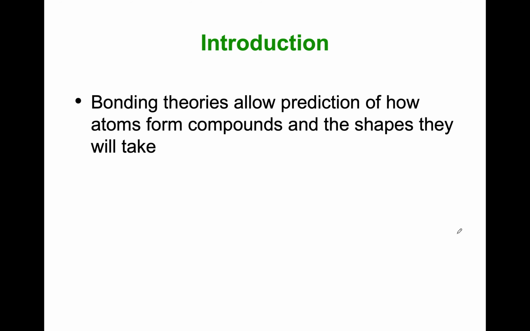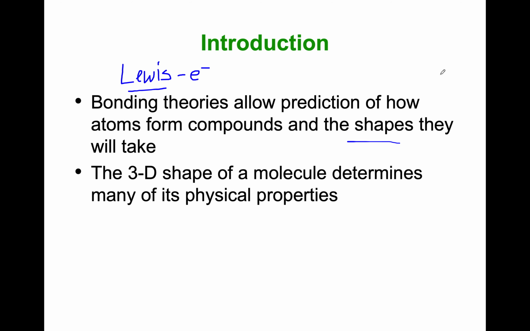So let's start. The bonding theory that we're going to look at is focused, and I just actually read a book recently about the history of Lewis and all of his interests, but he is fascinated with electrons. So we're going to look at the bonding theory of Lewis, and then we're going to look at the shapes that these molecules take. So you can see that shape's going to be really important.